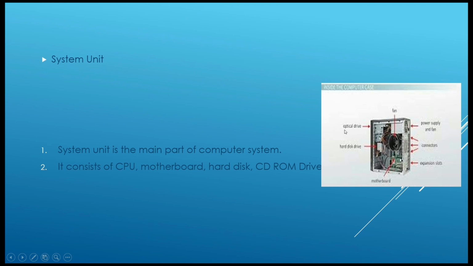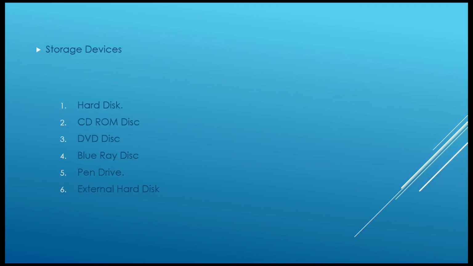In the computer case, you can see the optical drive, hard disk drive, motherboard, expansion slots, connections, and power supply. All these things are inside the computer case or system unit. CPU means central processing unit, the main part of a computer.